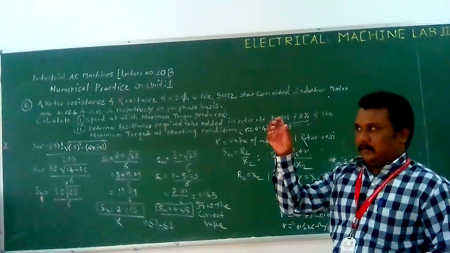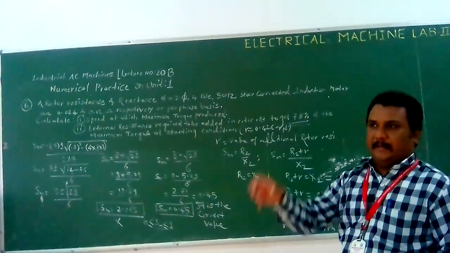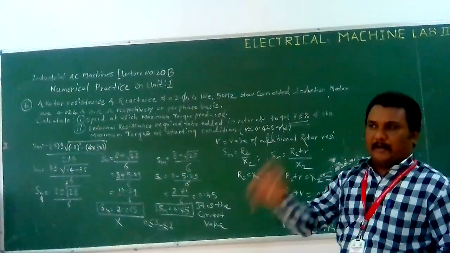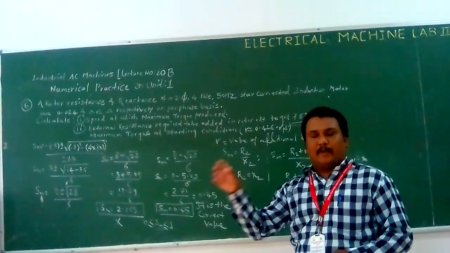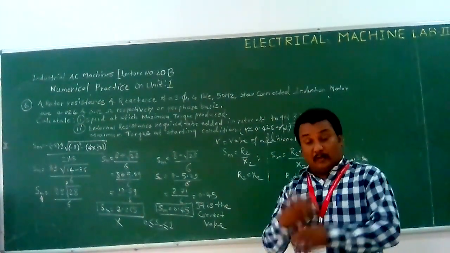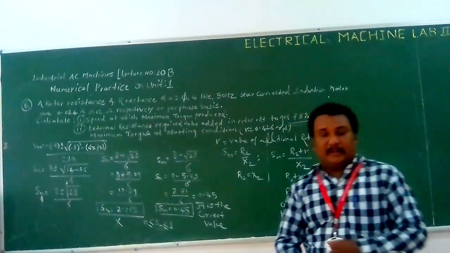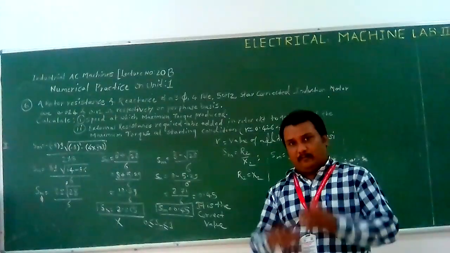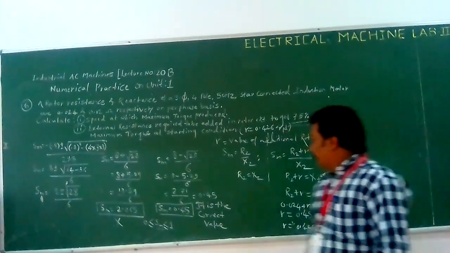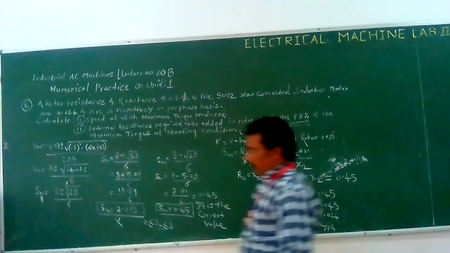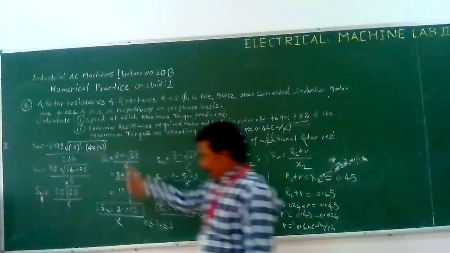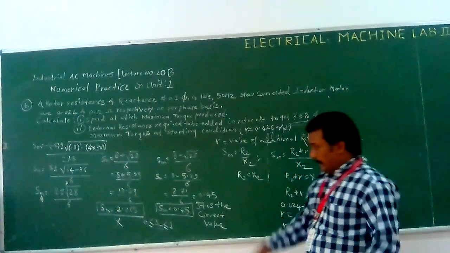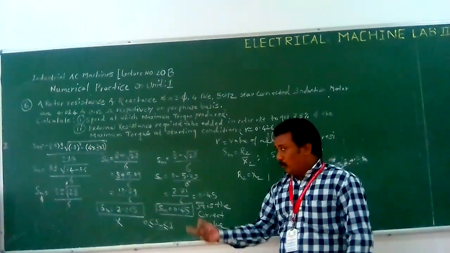Here 75% means 75 upon 100 is equal to 2 Sm upon 1 plus Sm squared. We get a quadratic equation in the form of arbitrary constants a, b, c, and from this we find the roots.